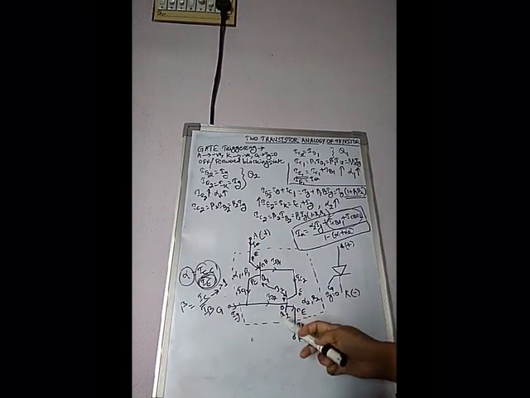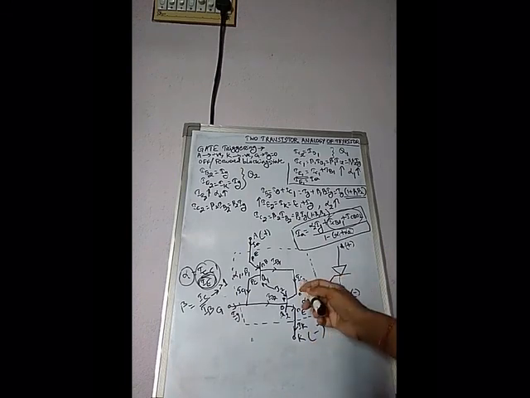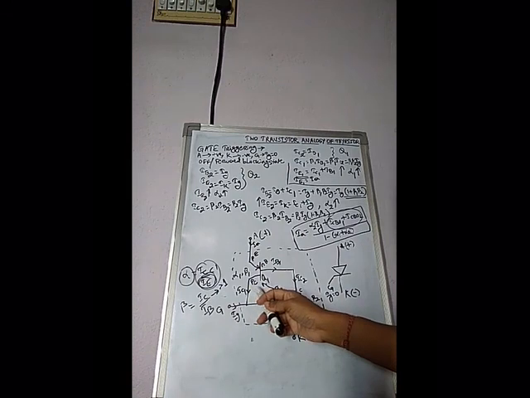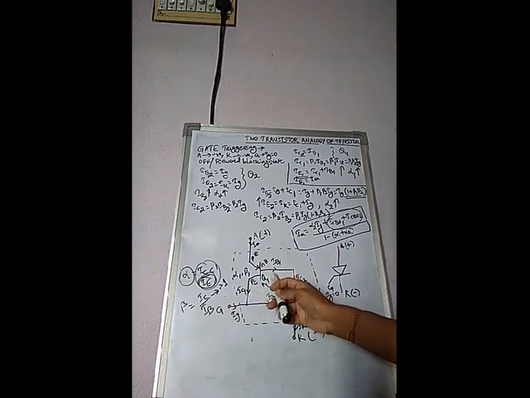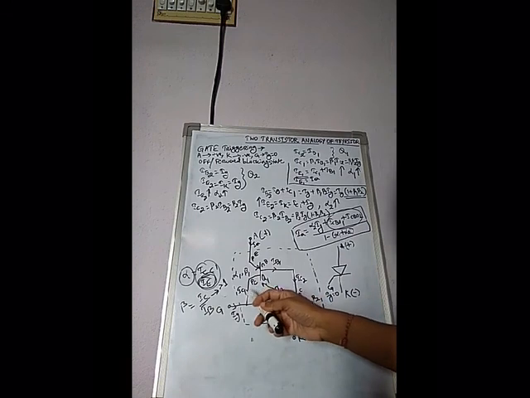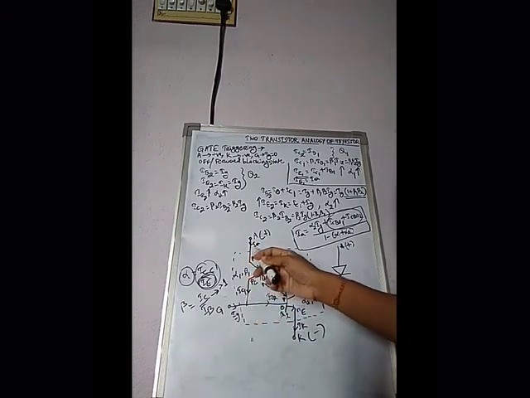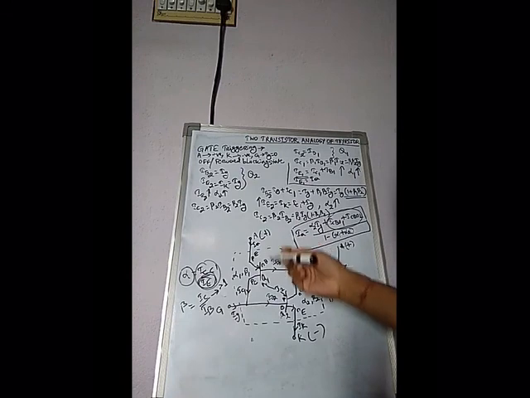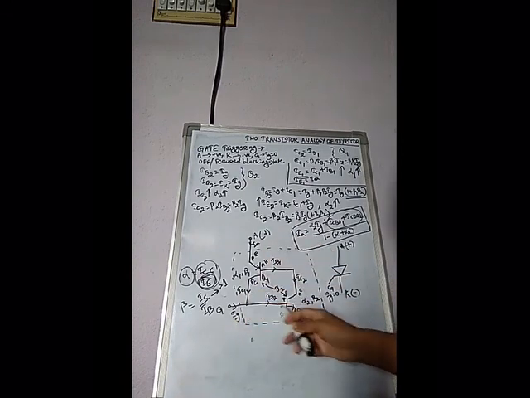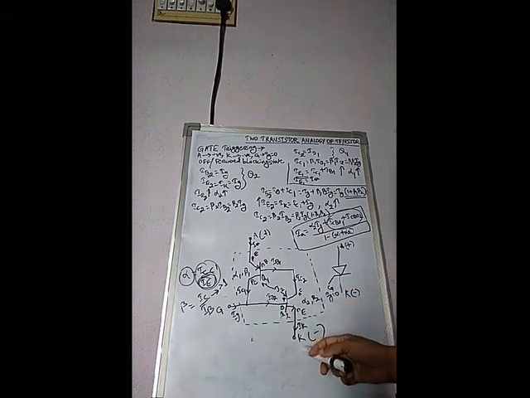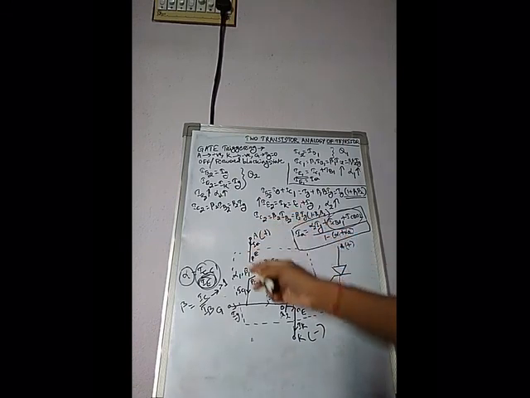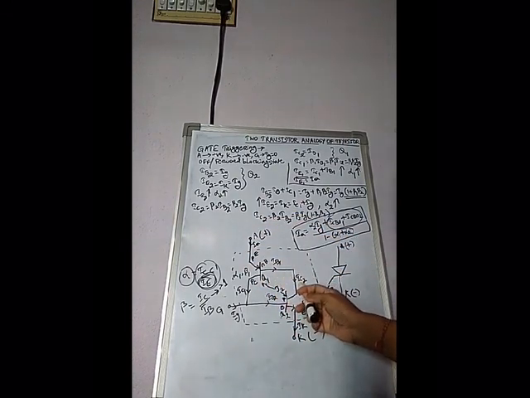That means we apply gate here, establishment of emitter current, then rising of alpha value, and then again establishment of IC2, then again establishment of its base current, then its IC, then its emitter current, then again a rise in the value of alpha 1, then again this Ig added with IC1 acts as a base current for this Q2, again establishment of emitter current, so rise in alpha 2, then again a rise in IC2, which acts as base current for this transistor.